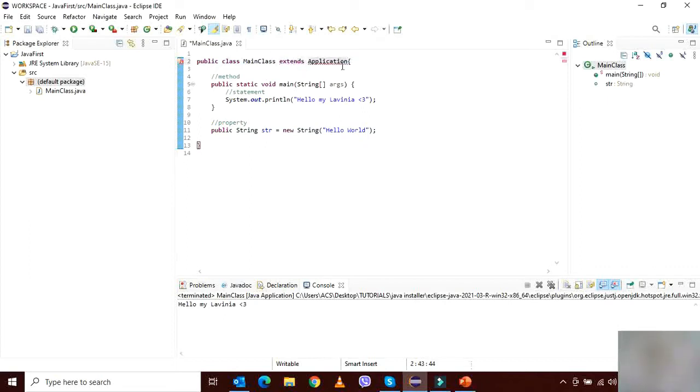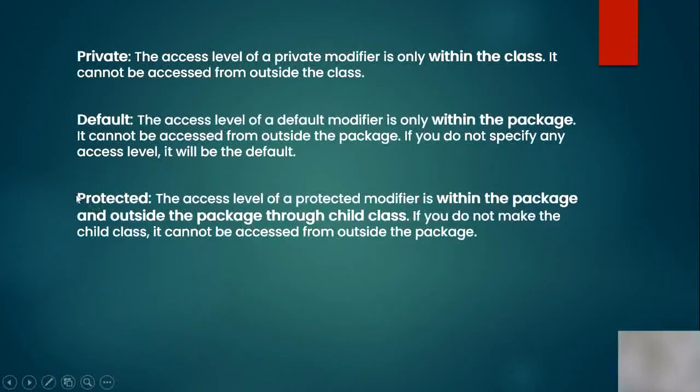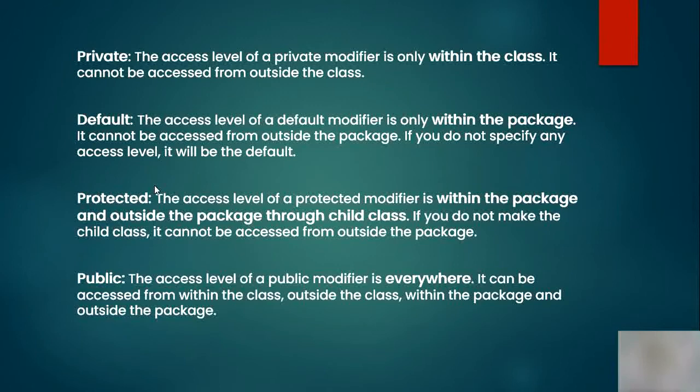So for example, it's like that. This main class is the child of this application class. If you put an access modifier called protected, that's what you're doing. And lastly, we have the public. The public modifier means it can be accessed anywhere. So it can be accessed either within the class, outside of the class, within the package, or even outside of the package.